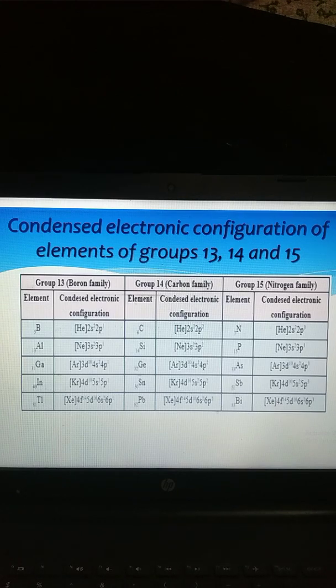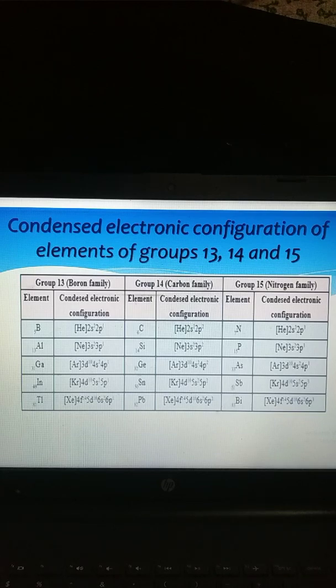Here the first element, boron in group 13, has helium as the nearest inert gas, and the outer electronic configuration is given as 2s2 2p1. In group 14, for carbon, again helium is there, and 2s2 2p2 is given.